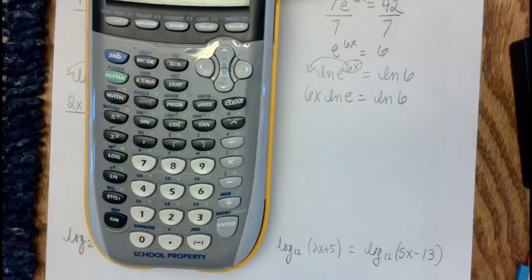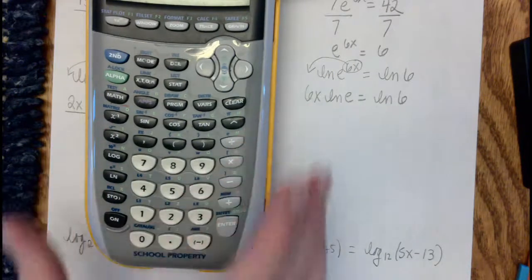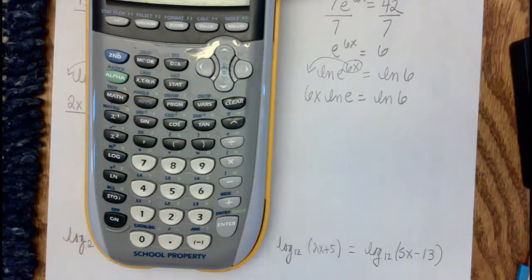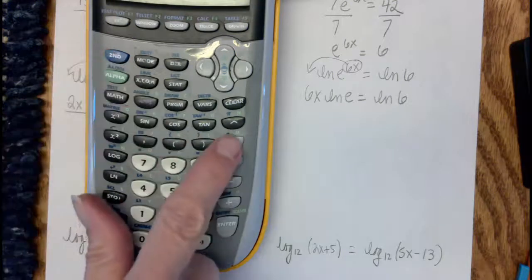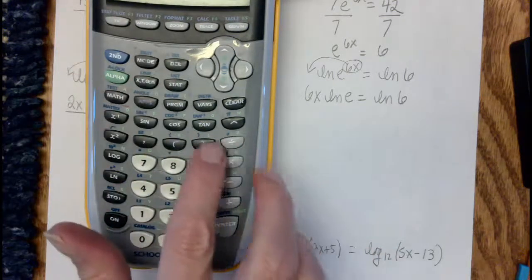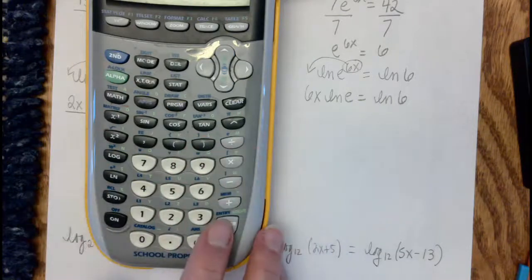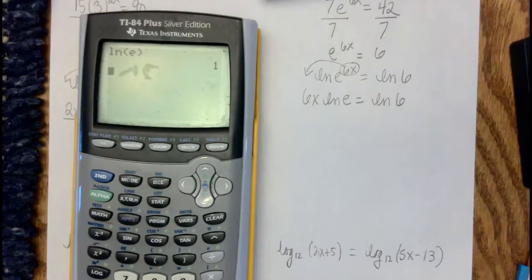But I'm going to use the calculator here. So natural log, that button, and then the E button. Before I show you on my screen, I'm going to type second, division bar. So second division bar gets an E. And when we type in the natural log of E, look what happens. We get 1.